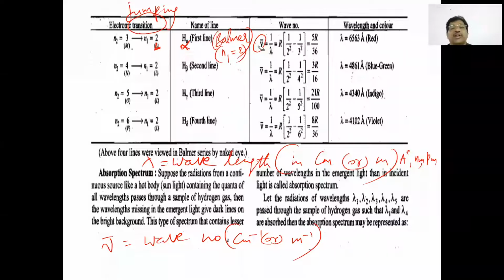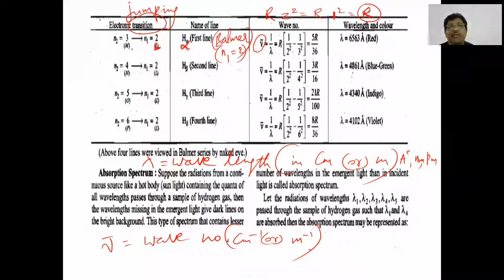Nu bar is equal to 1 by lambda is equal to R into Z square actually. But here Z square is what? Z is the atomic number, which is 1 for hydrogen atom.